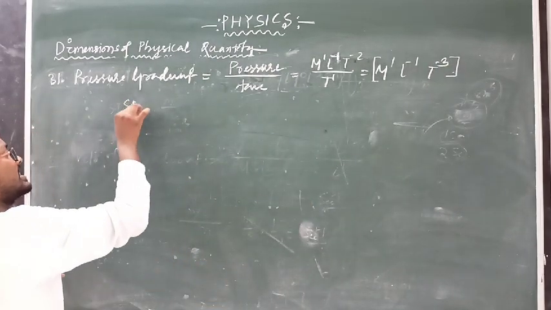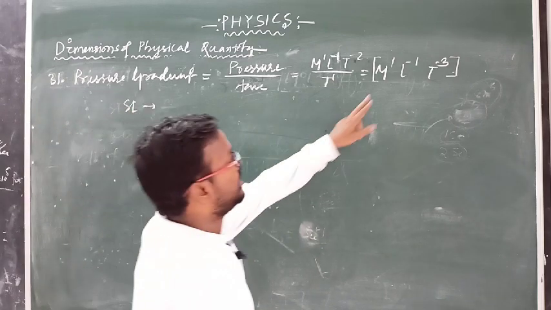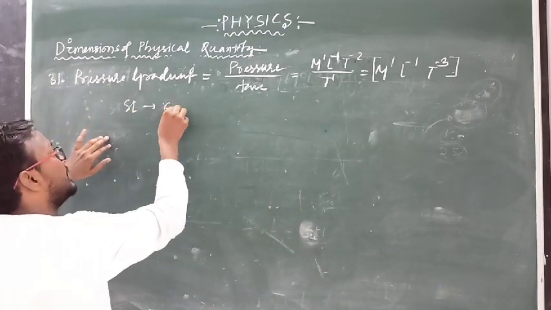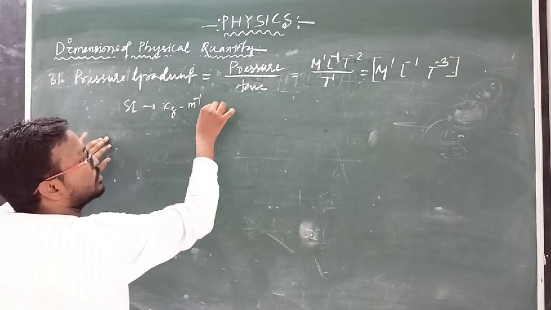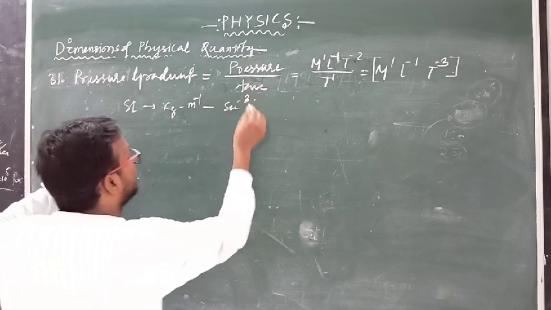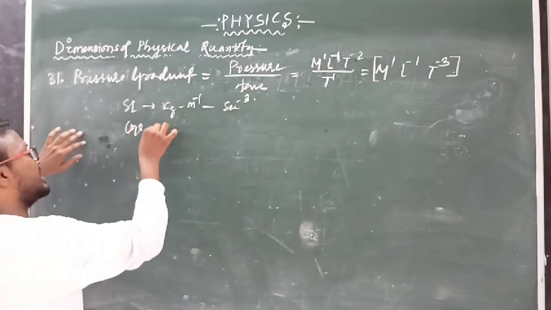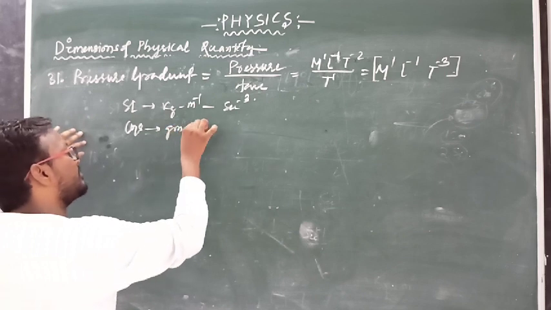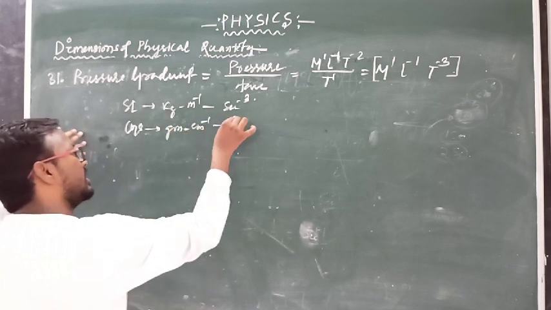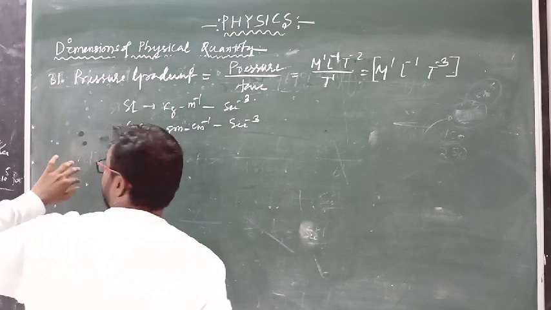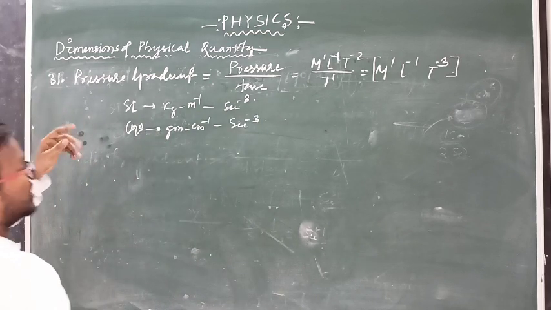If we want to write the SI unit, then we can write kg, meter minus 2 and second minus 2. And if you want to write the CGS unit, that is gram, centimeter minus 2 and second minus 2.